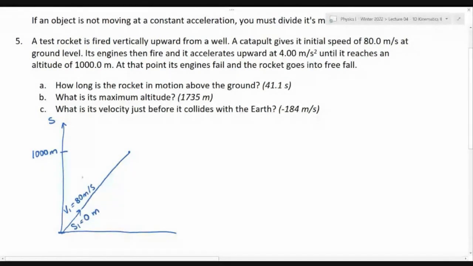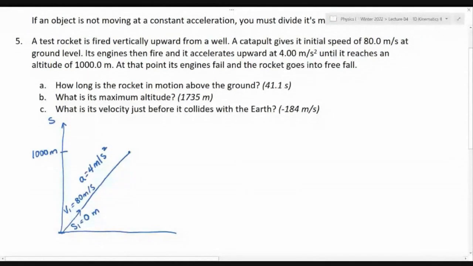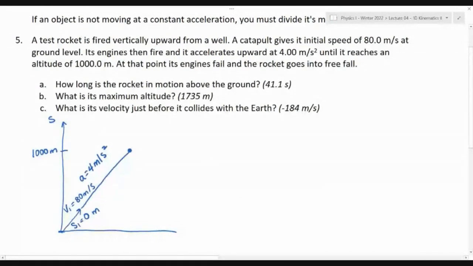Okay. The acceleration here is 4 meters per second squared. And then at this point, it says the engine fails and it goes into free fall. So at that point, what is the acceleration once the engines fail? Good, 9.81.